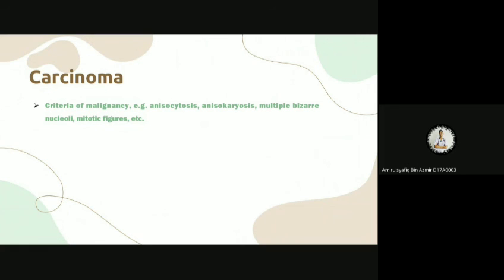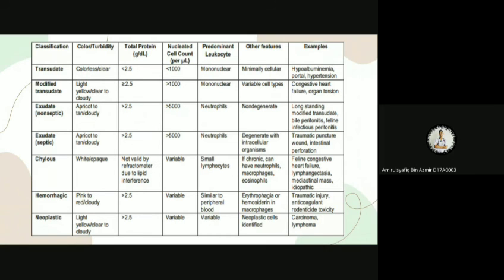For carcinoma, in the cytology, we can see criteria of malignancy, which are anisocytosis, anisokaryosis, multiple bizarre nuclei, mitotic figures, and so on. So this is the table to conclude the abdominal cytology for pleural effusion.